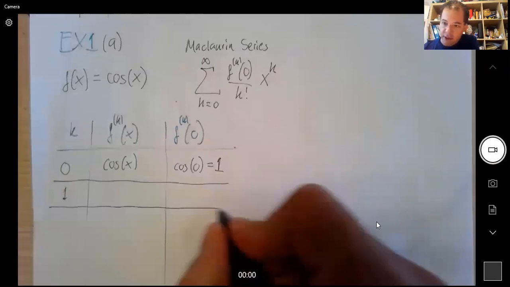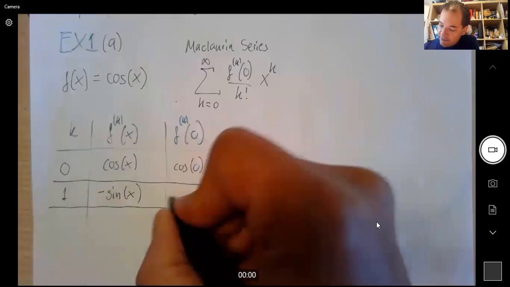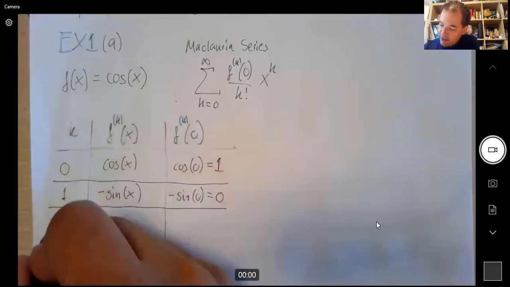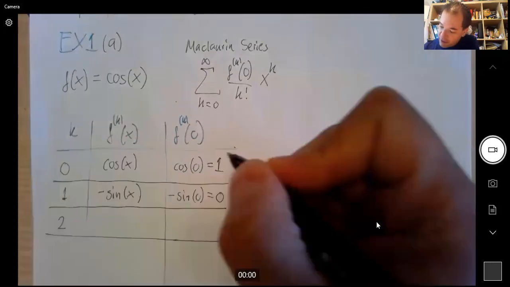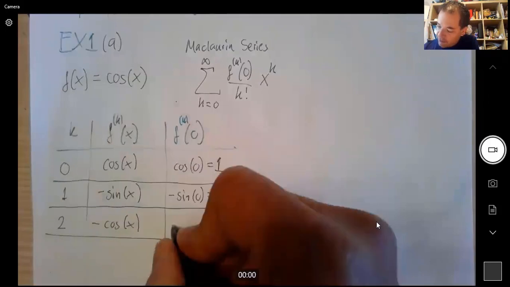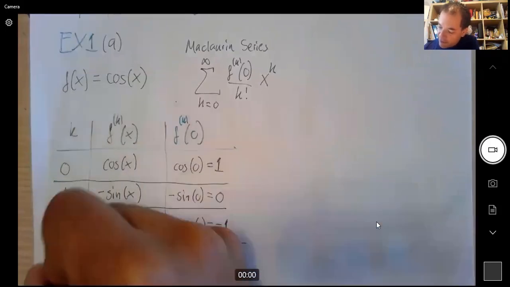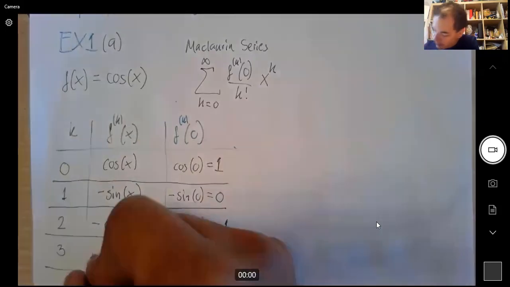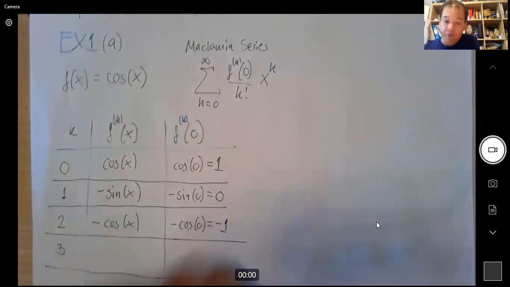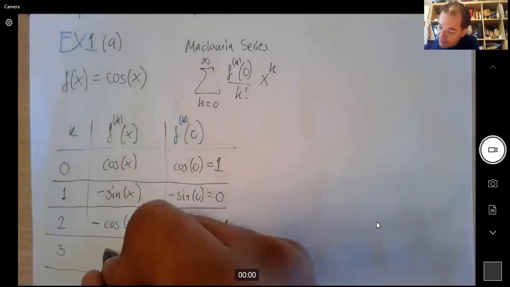Then the first derivative is going to be negative sine, and negative sine of 0 is 0. The second derivative will be negative cosine, so this will be negative cosine of 0, which is negative 1. And the third derivative: the derivative of cosine is negative sine, but with this minus sign it becomes sine x.